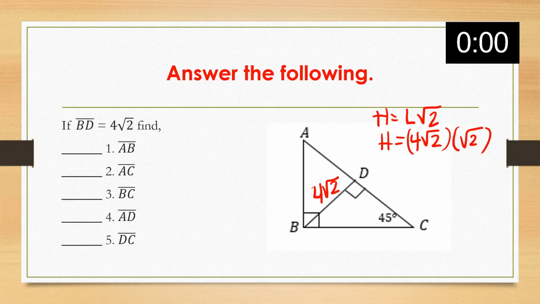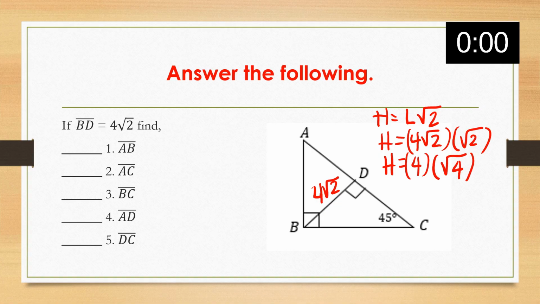Multiplying radicals, the hypotenuse is equal to 4 times square root of 2 times square root of 2, that is square root of 4. What is the square root of 4? Correct, that is 2.